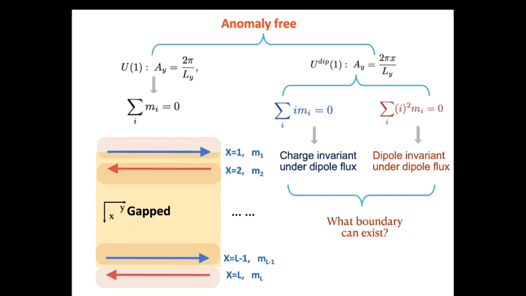So there's no net chirality. And it should also be anomaly free with respect to the mixed anomaly of the U1 symmetry and the U1 dipole symmetry. If I insert a U1 flux with respect to the U1 dipole symmetry, I still require that after flux insertion, the total charge needs to be invariant, and the total dipole moment should also be invariant.